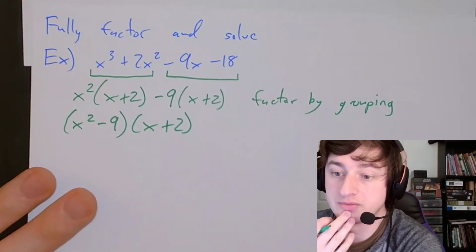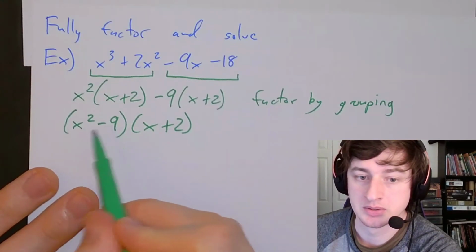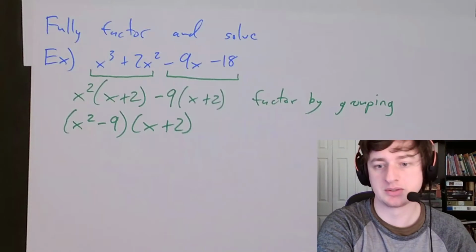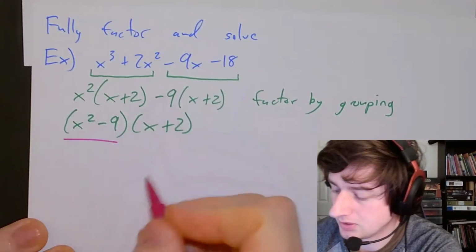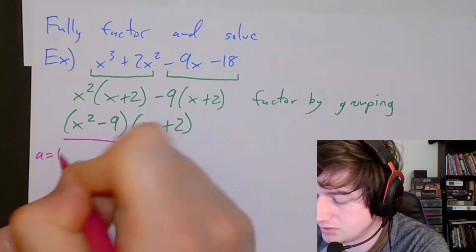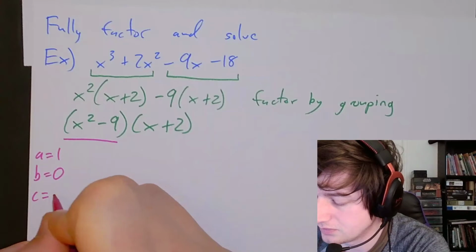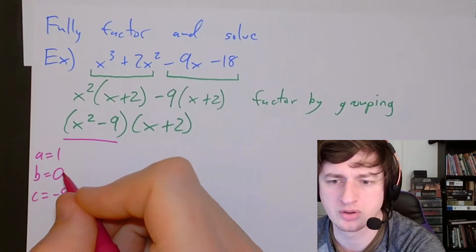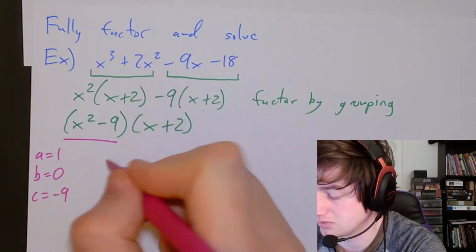Now we're not done factoring because this is x squared minus a 9. And so we need to factor that piece. That piece has an a value of 1, a b value of 0, and a c value of negative 9. When b is 0, really we're just looking for the perfect square here, and then we need a positive and negative.